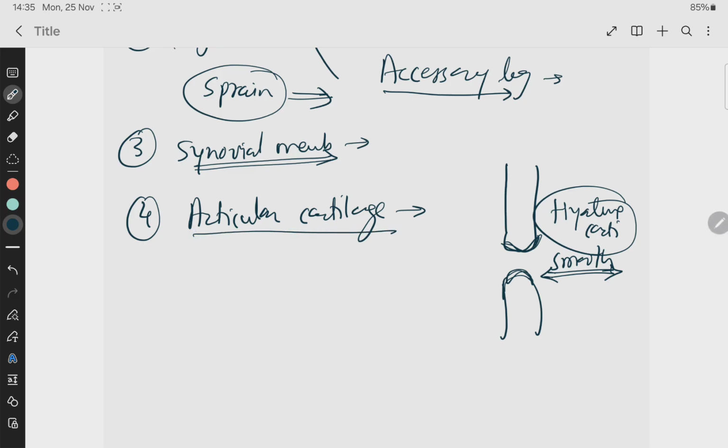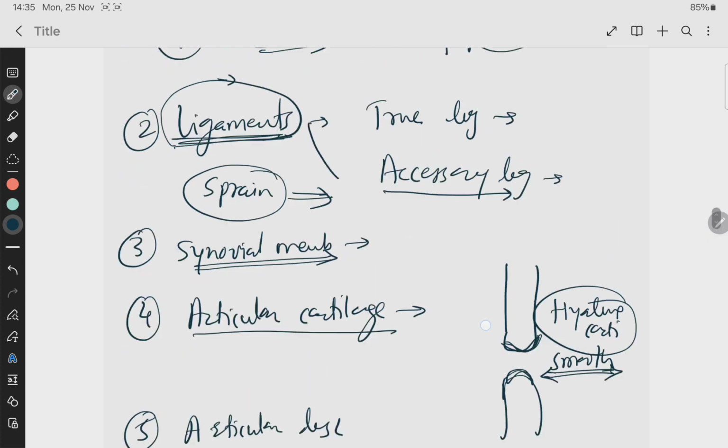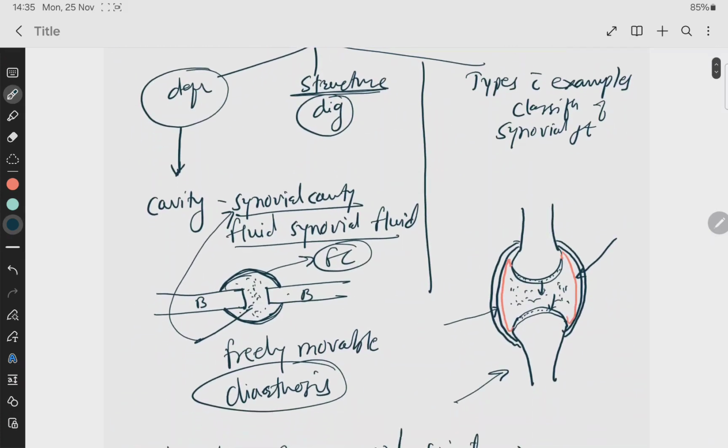That is articular cartilage. Next is the articular disc. In some joints, suppose this is the joint, there is some cartilaginous structure between these two ends of the bones in the synovial cavity, and that divides the cavity into two compartments, above it and below it.